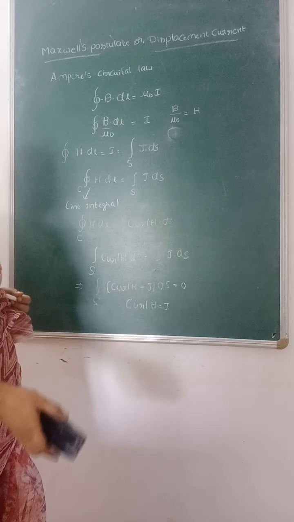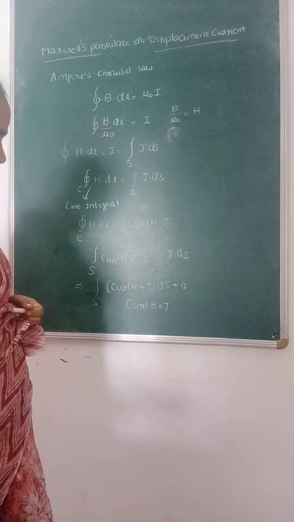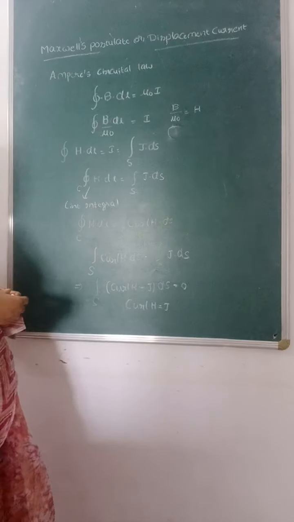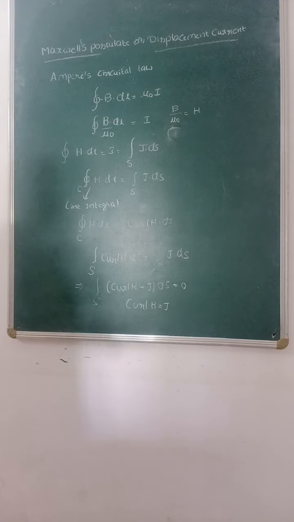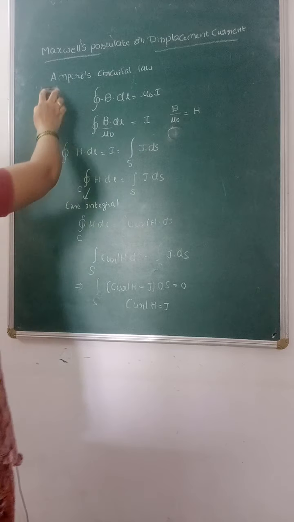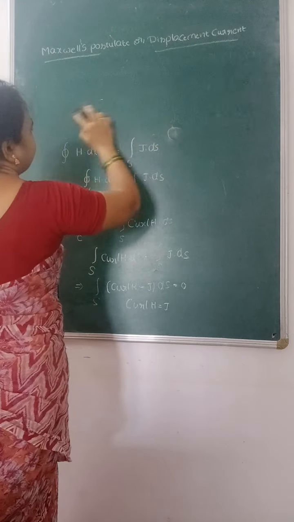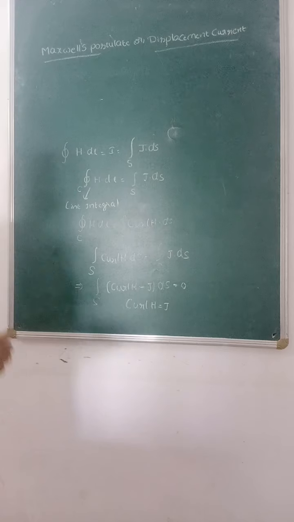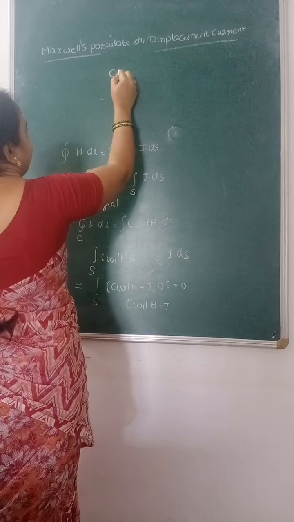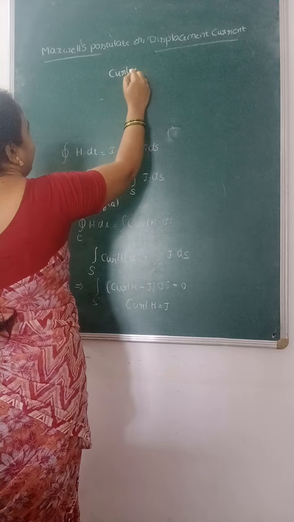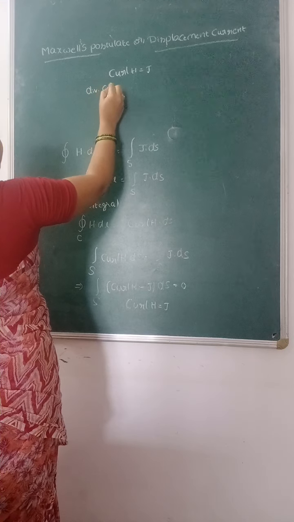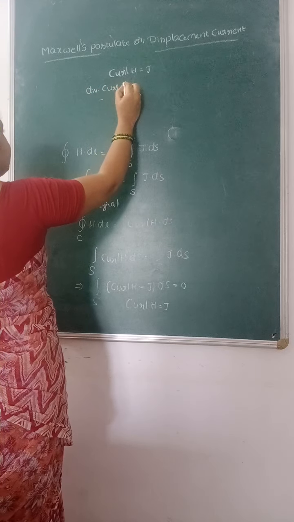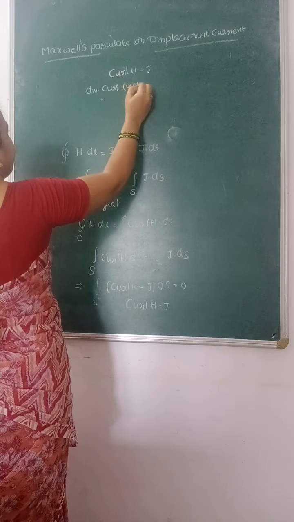So from Ampere's circuital law we derived that the curl of the magnetic field intensity is equal to the current density J. Curl of H is equal to J. We know that the divergence of the curl of any vector is equal to 0.